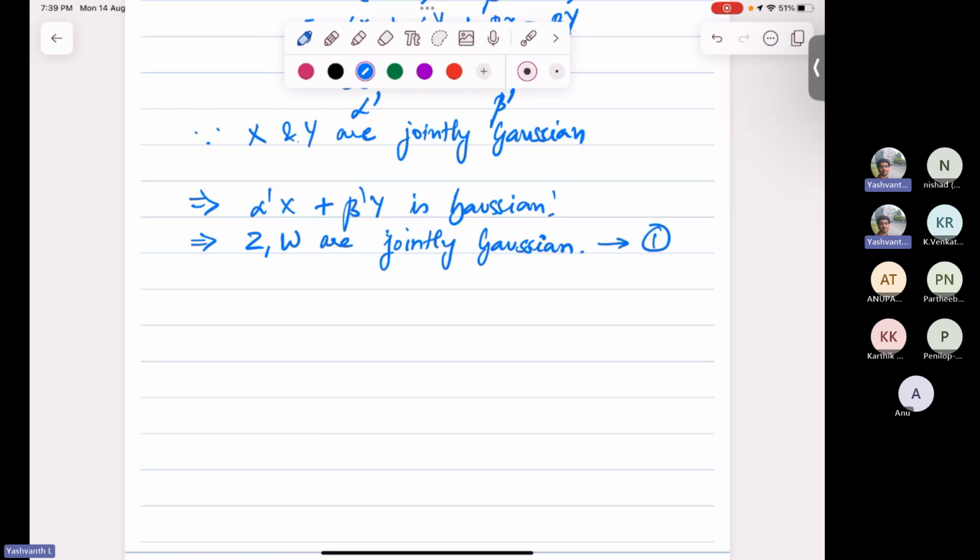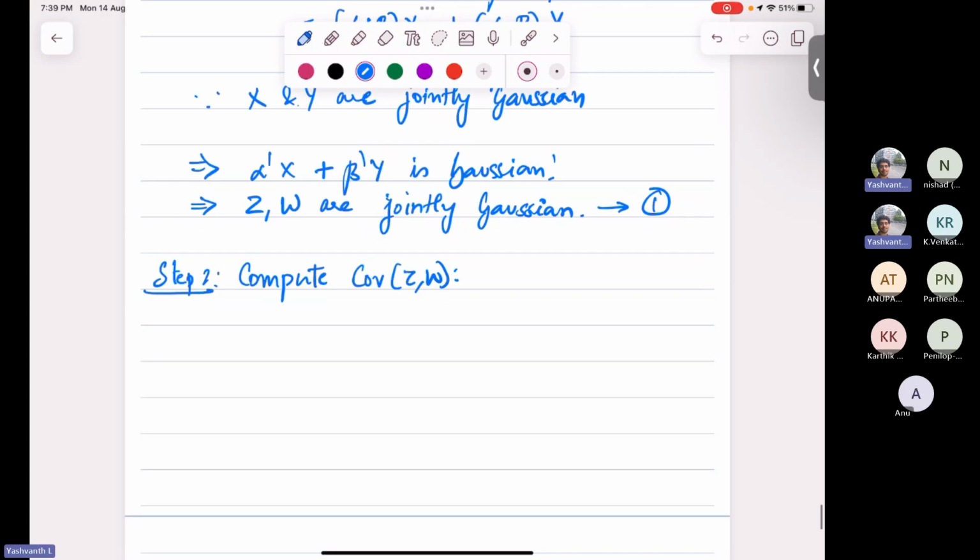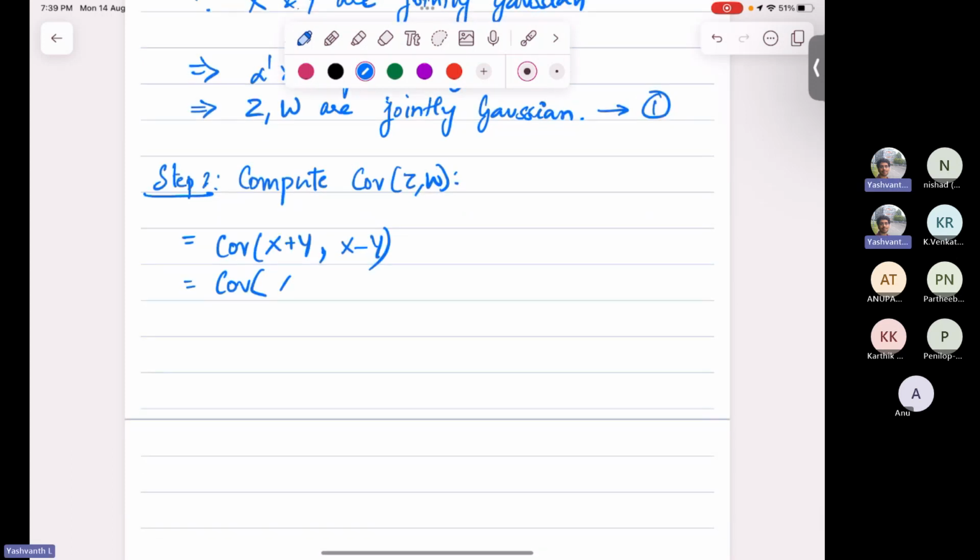This is important. Step 2, compute the covariance between the random variables. Let's do it step by step slowly. This is the same as covariance of x plus y and x minus y, which is the expectation of x plus y minus the expectation of x plus expectation of y, times x minus y minus the expectation of x minus expectation of y.